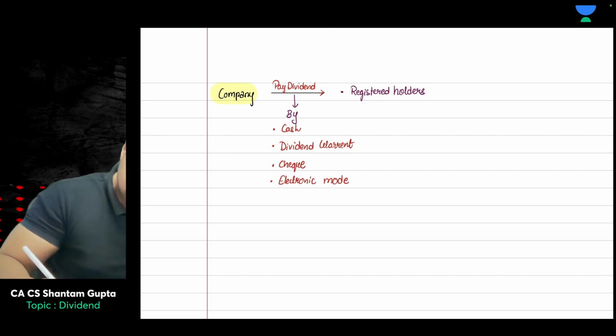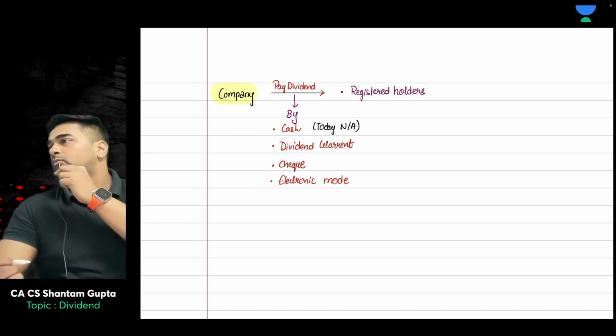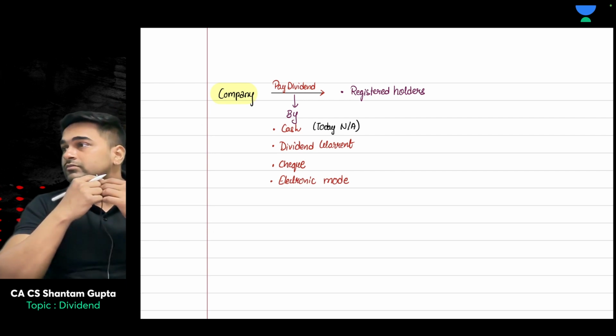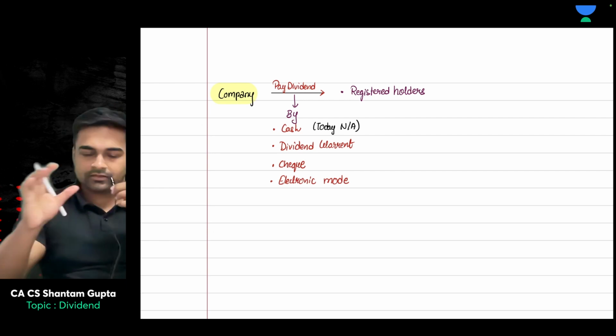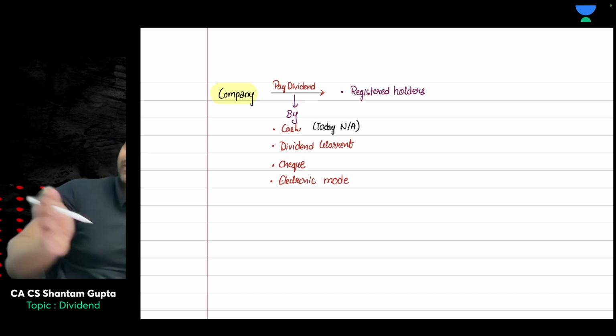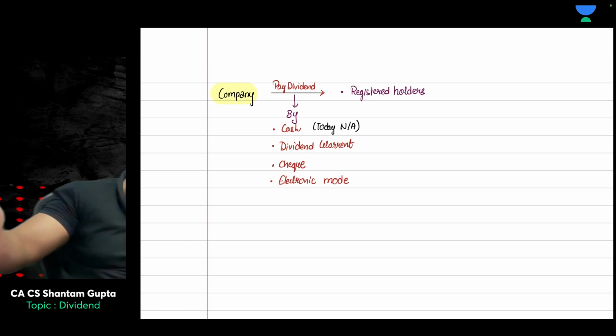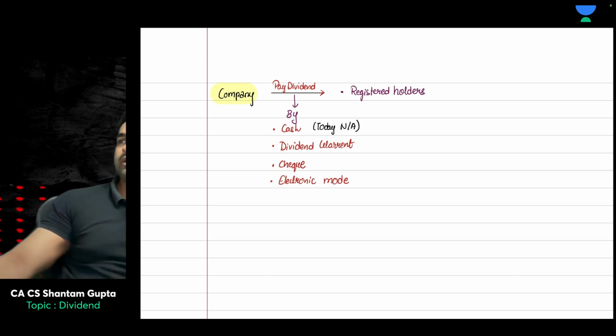But nowadays, today, this is NA. That is, cash dividend is no more available. Okay, but check. We progressed like this. Cash, then from cash to dividend warrant to check, and from check to electronic media.